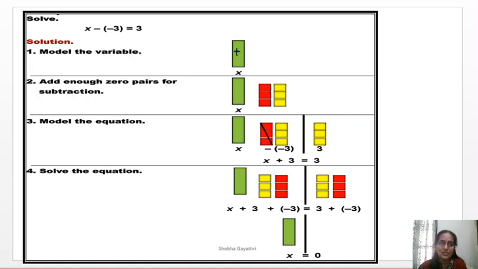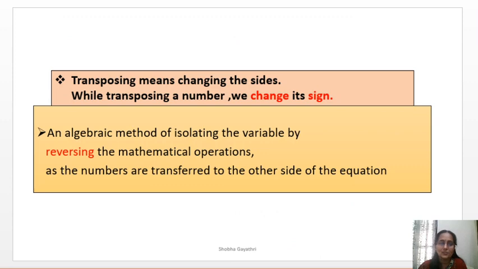It is the transposing method. What is the transposing method? It is similar to the balancing method, but first of all you should know the word meaning of transpose. Transpose means changing the sides. While transposing a number, we change its sign.